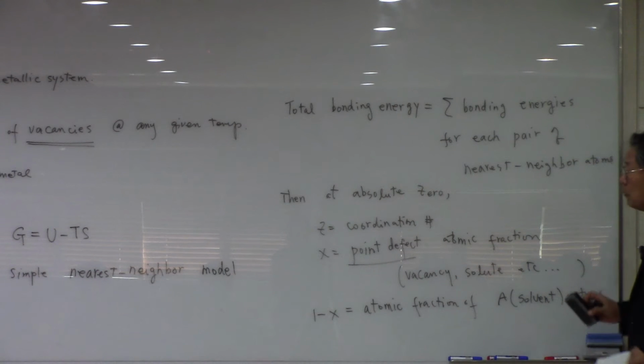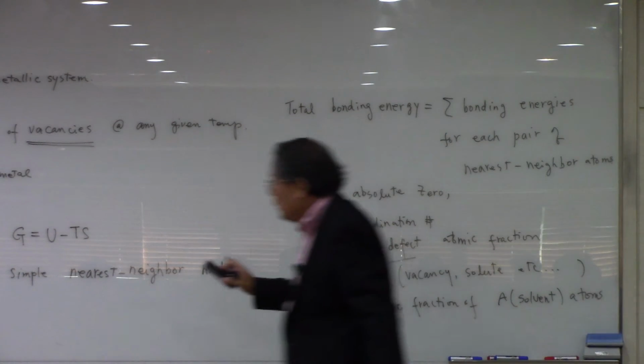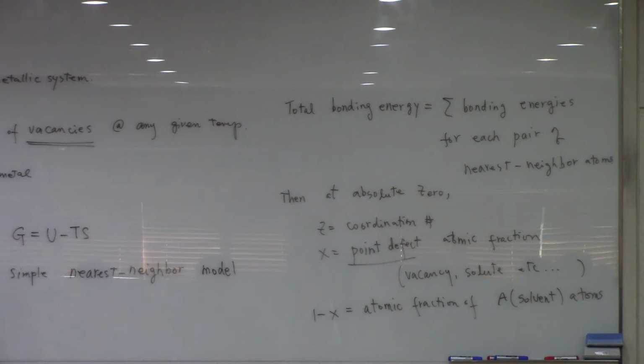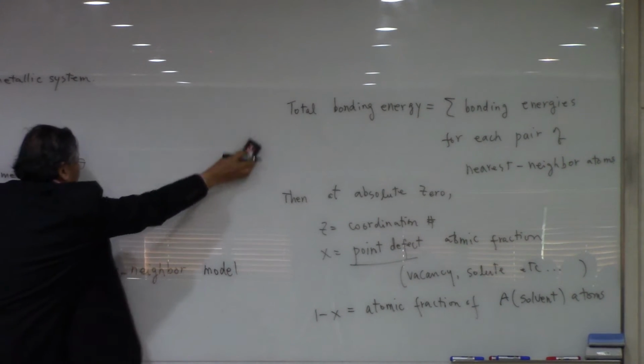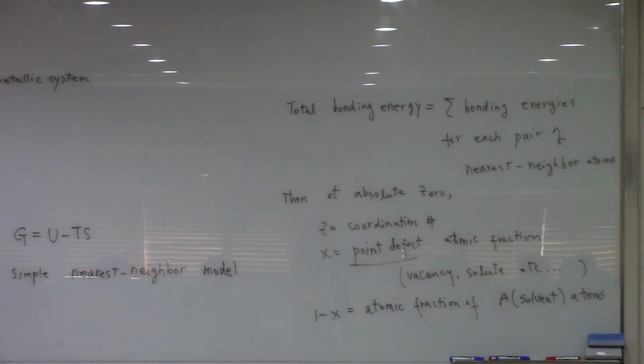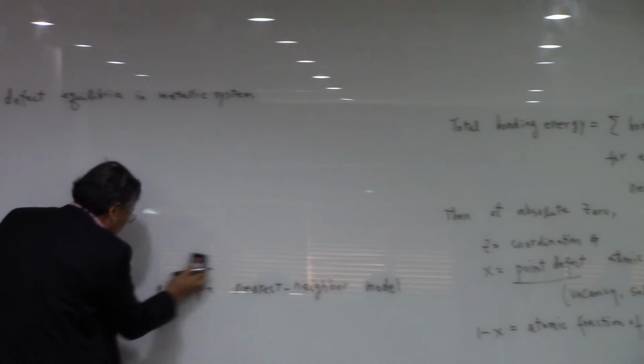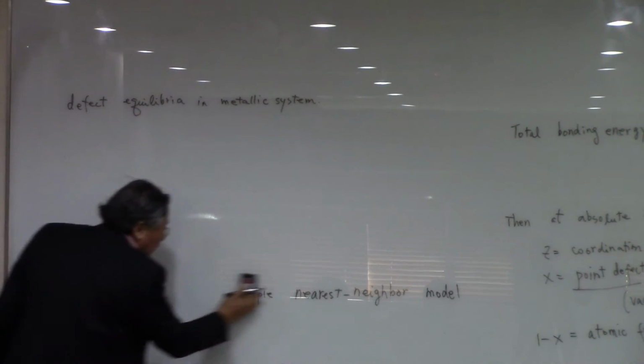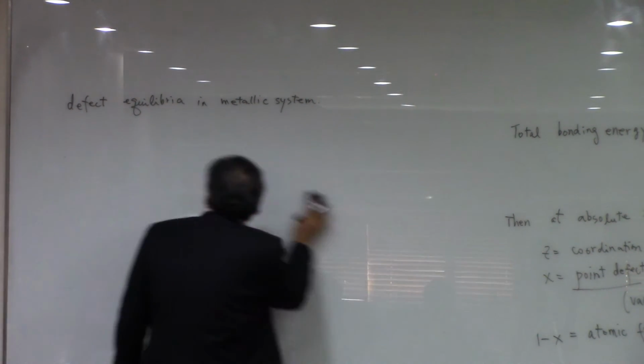So basically what we try to do is get the internal energies. How can we make an expression for the internal energy at a certain temperature so that we can deduce the equilibrium concentration, the equilibrium states, of those point defects?